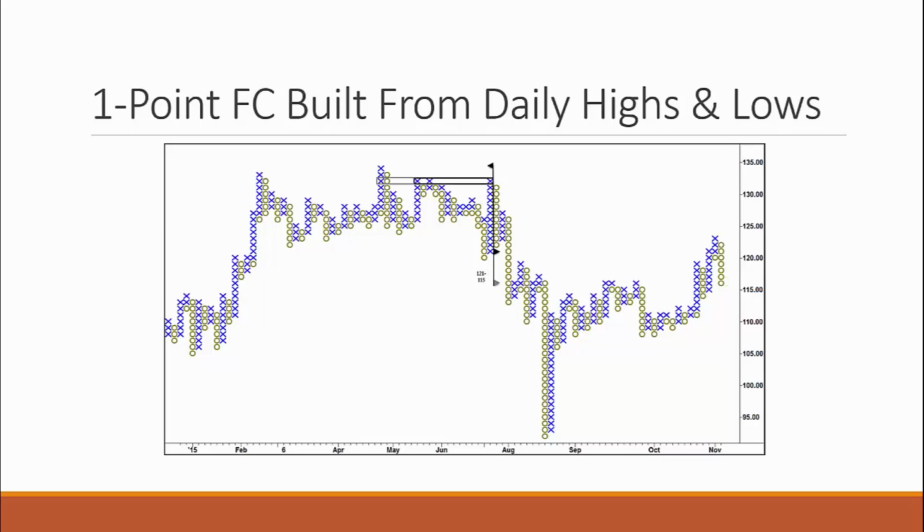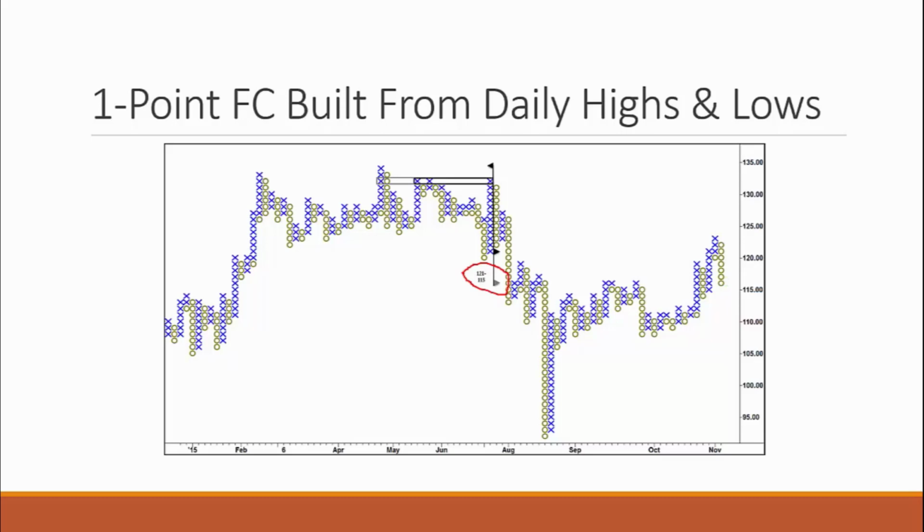But note the projections are not as accurate as on the 60-minute chart. Now let's put both point and figure charts side by side. Our projections fall far short of what the 60-minute chart showed.